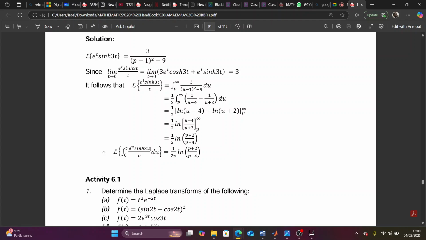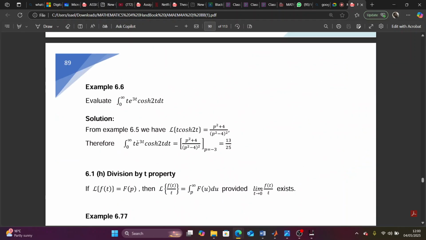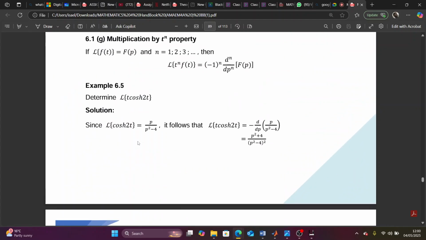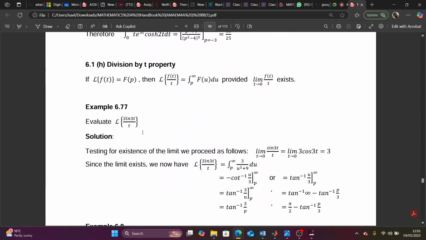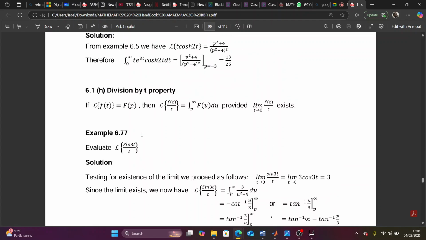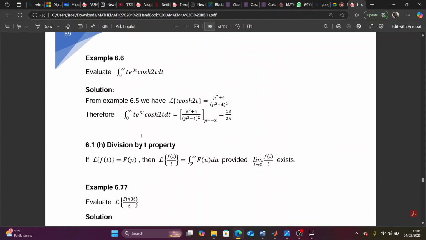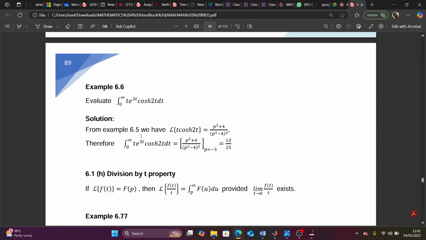Let me make it more clear. Do you remember on this one here, where after multiplication we said division? There was a place where we divided the function by p again.